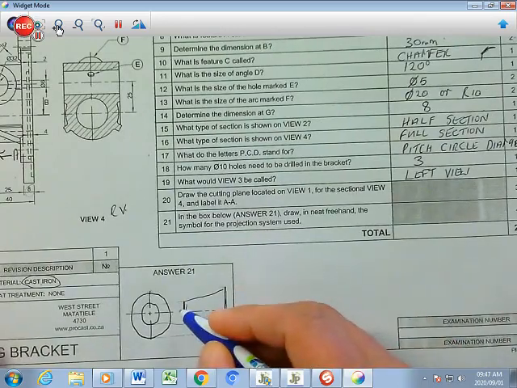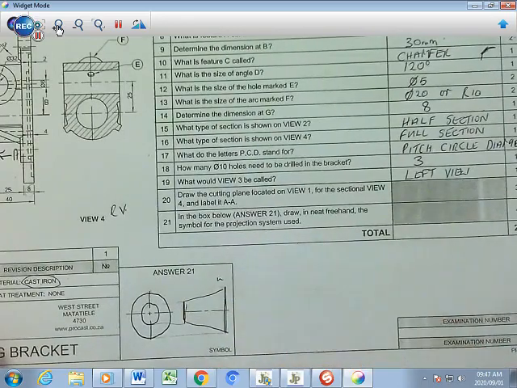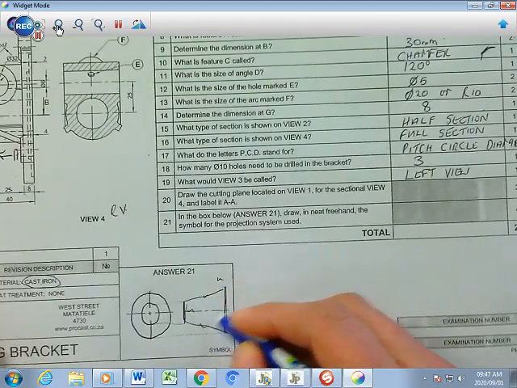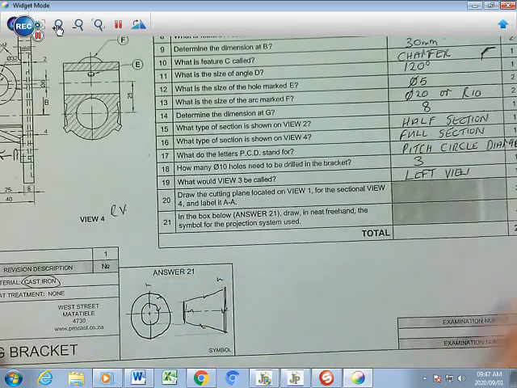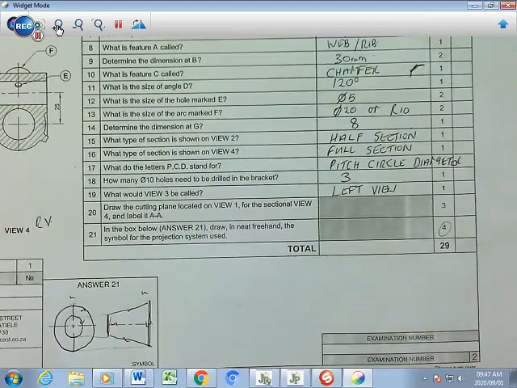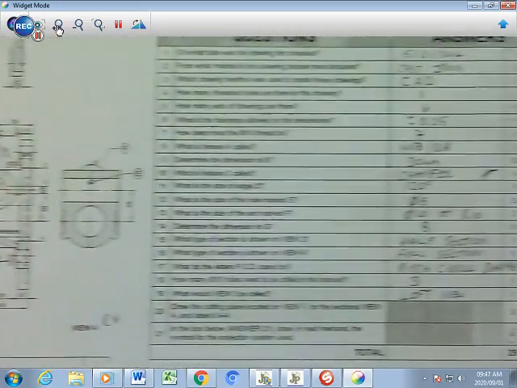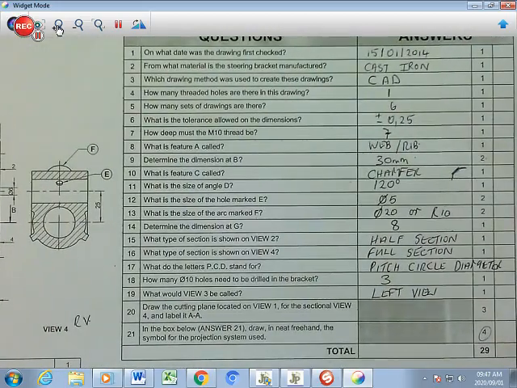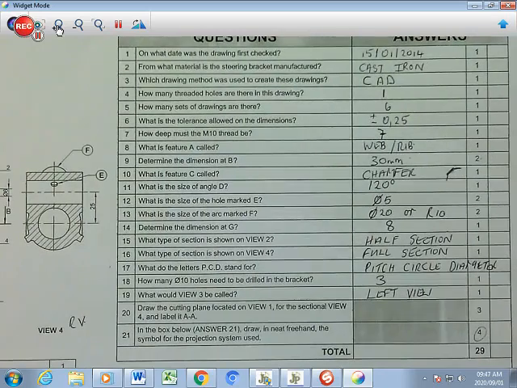And the fact that you've drawn it freehand is going to be another half. So altogether that gives you 4 marks. Alright, that concludes our analytical question mechanical. I hope that will assist you in your exam coming up soon.